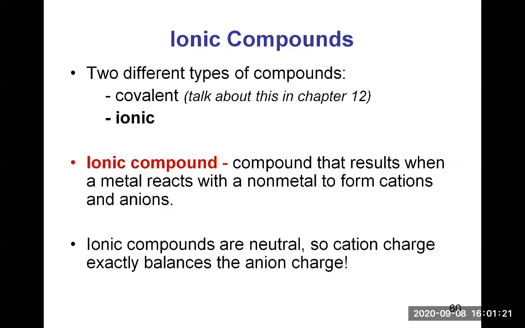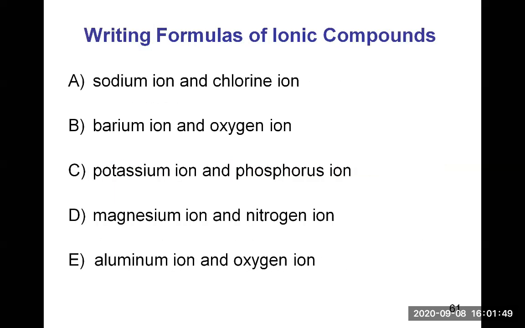You know, once the ions are bonded together, the ionic compound itself is neutral. So the cation charge exactly balances the anion charge, right? You need as many positive charges as you have negative charges to form the formula of your compound. And that's the key principle that allows you to write formulas for ionic compounds.